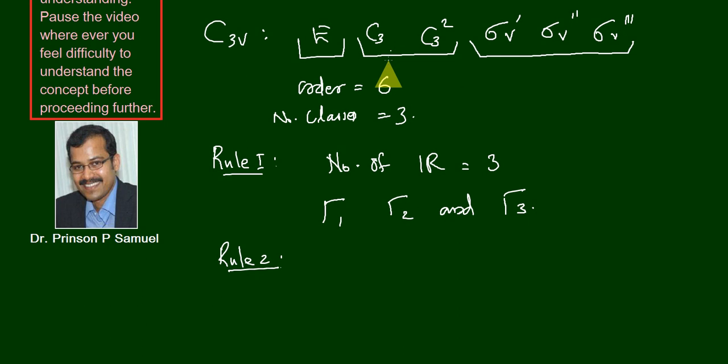So a particular class will have a particular character. That is what rule 2 says: characters of the same class are the same. According to that, C3 and C3 square will have the same character.